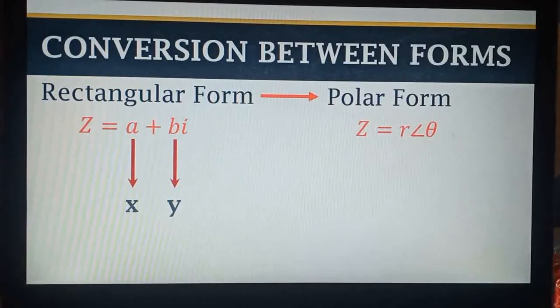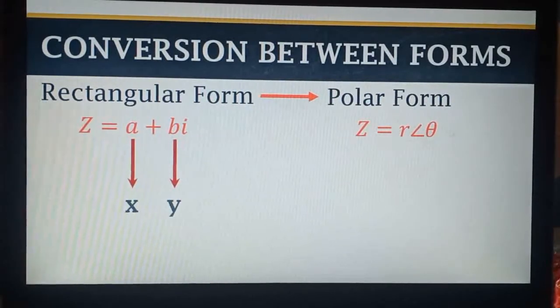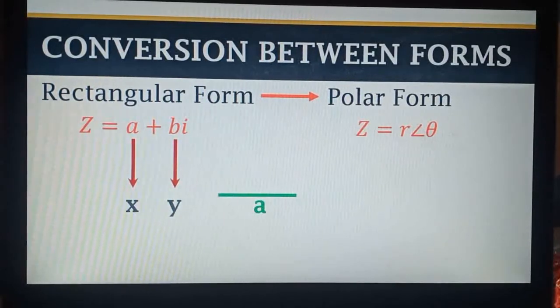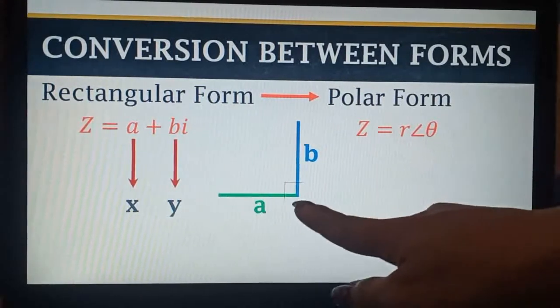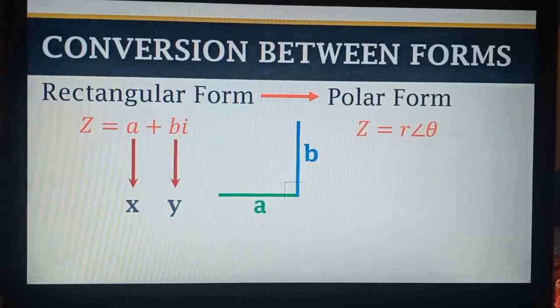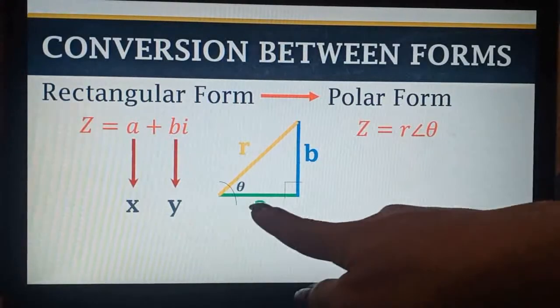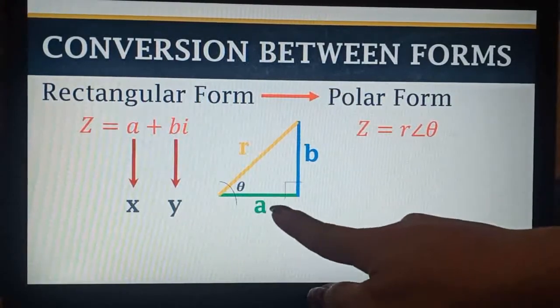If you draw it on the Cartesian coordinate plane, you will have a as the horizontal, then b as the vertical. Since this is a right triangle, it has a hypotenuse, which is represented as r. You also have the theta between a and r.